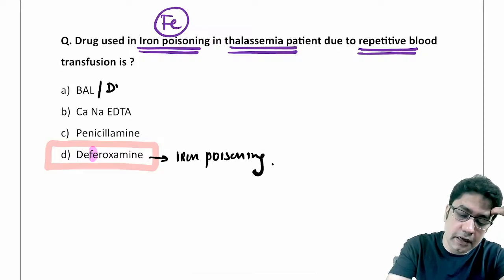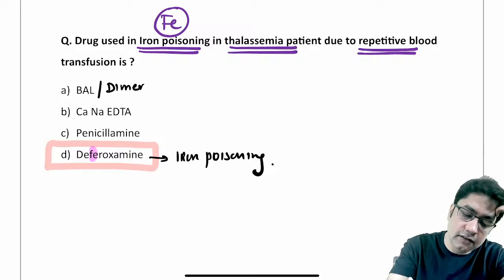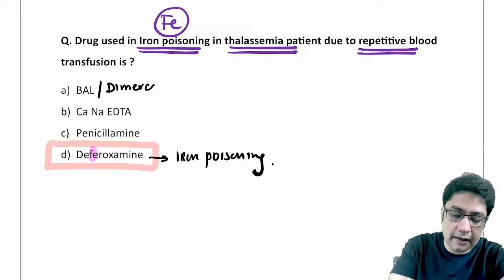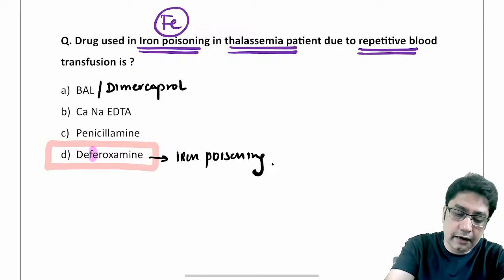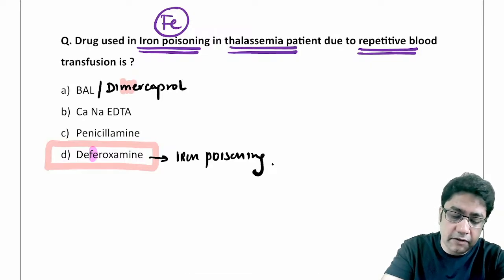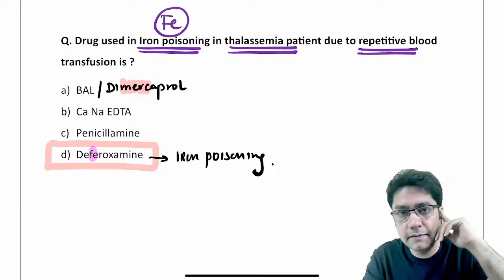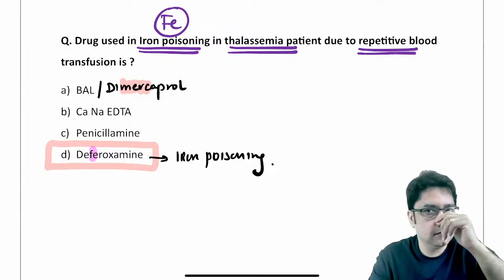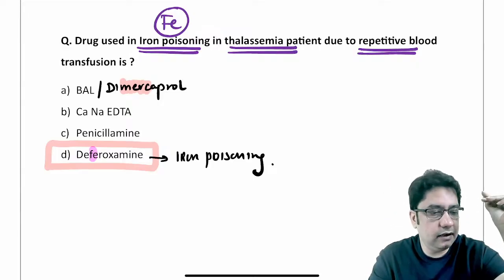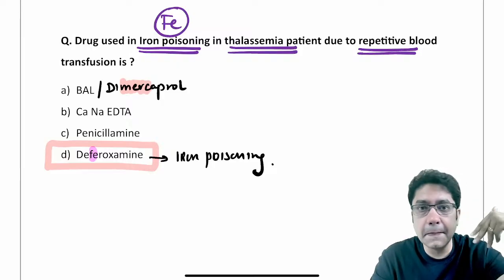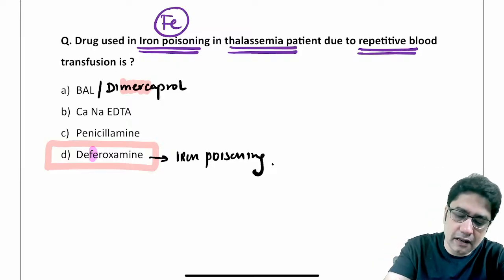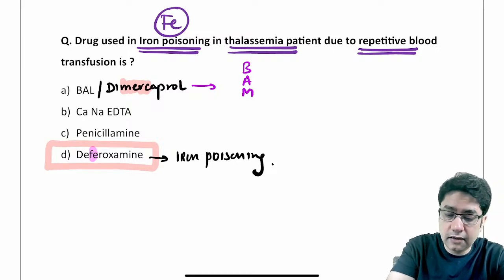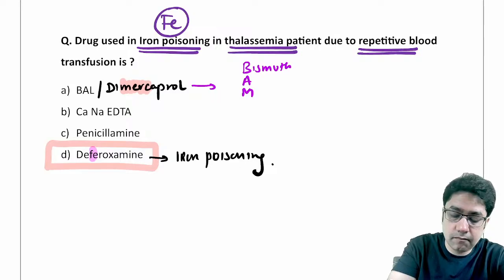BAL, which is known as British anti-lewisite, is also known as dimercaprol. Can you tell me why the Merck word is coming in this? Dimercaprol or BAL. Why? It will be the drug of choice in mercury poisoning. So let's write BAL. It is given in BAM, that is bismuth, arsenic, and mercury poisoning.